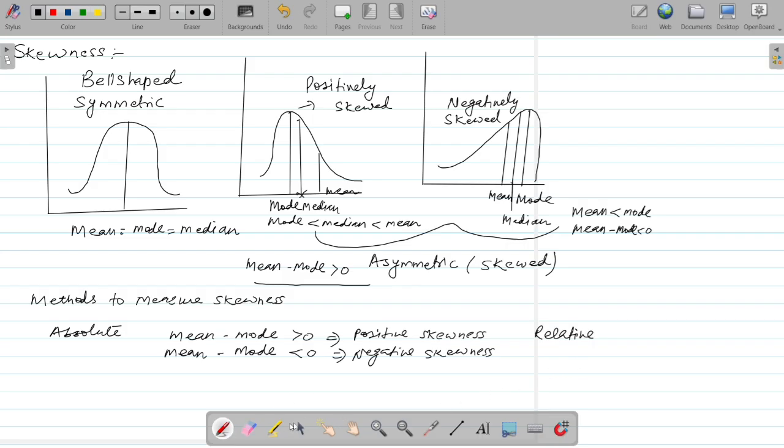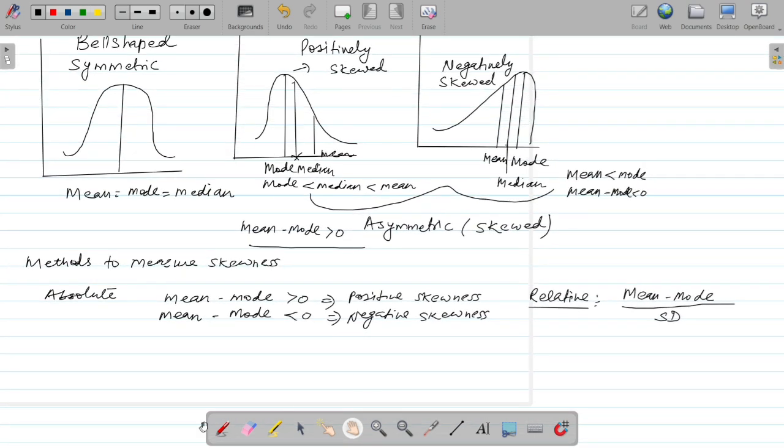So for relative measure, we have mean minus mode divided by standard deviation, right? And this formula was given by Karl Pearson. So it is represented by SKP. SKP is mean minus mode by sigma, where sigma is standard deviation.